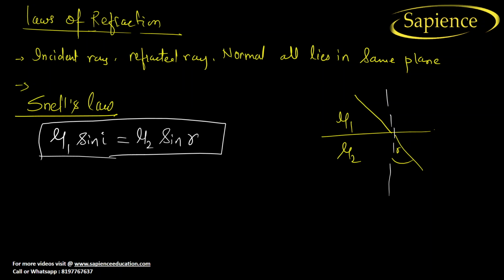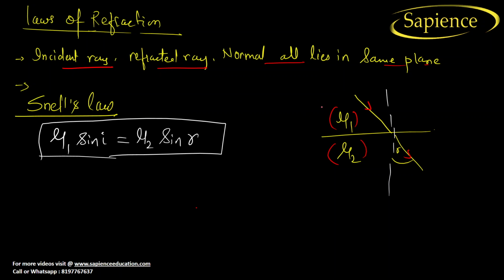Next is the laws of refraction. The incident ray, the refracted ray, and the normal all lie in the same plane. Let us consider this is an incident ray and this is a refracted ray. The refractive index of the first medium is mu1 and the refractive index of the second medium is mu2.